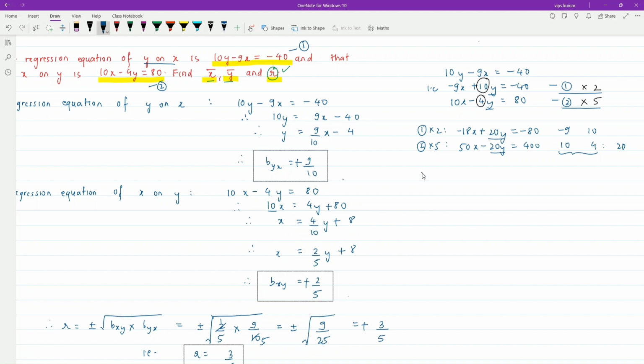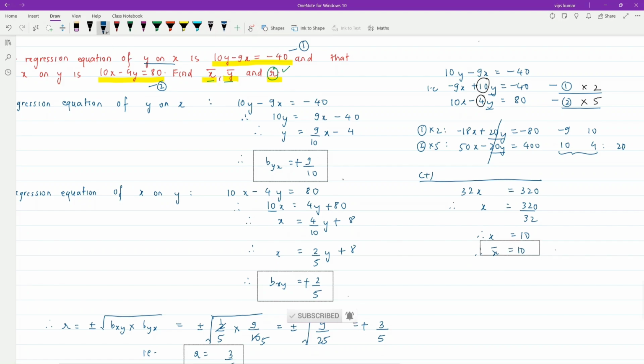So we can simply add the two equations. After adding the two equations, the y variable is eliminated, and we have minus 18x plus 50x, that is 32x. And on the right, we have minus 80 plus 400, that is 320. This gives us the value of x as 320 upon 32, and that is 10. So therefore, x bar is 10.